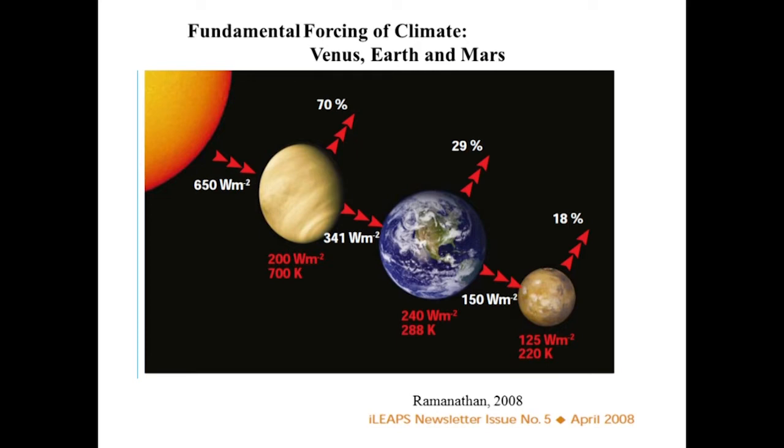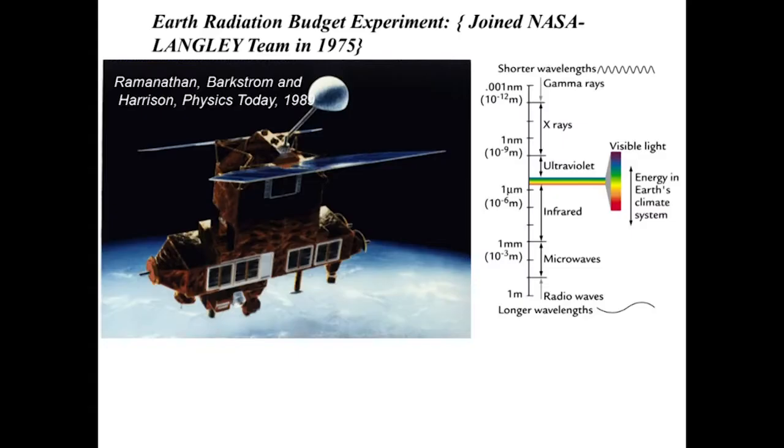Now let's go to the next thing, understanding how the greenhouse effect works. This was my interest when I moved into looking at the Earth after my PhD in '74. I was fortunate that Langley Lab had a bunch of engineers who were brilliant in making radiometers. So I proposed to them this Earth Radiation Budget Experiment. On the right-hand side, Dr. Molina has already covered it.